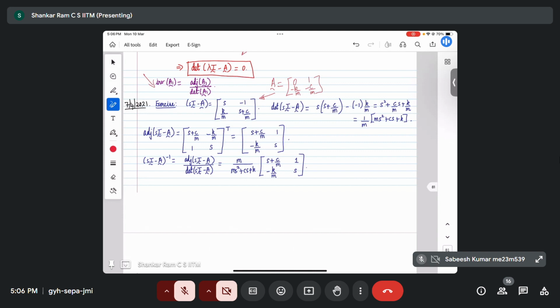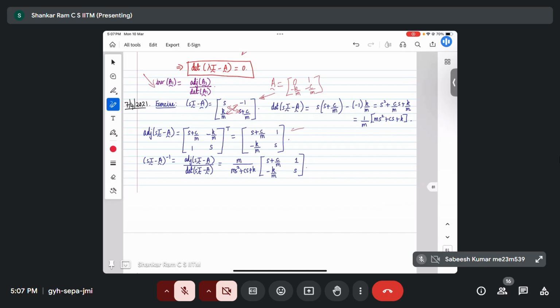For a 2 by 2 matrix, it becomes pretty simple. To get the cofactor matrix, we swap the diagonal terms, and then we also swap the off-diagonal terms, but multiply them by minus 1. And then we need to take the transpose.